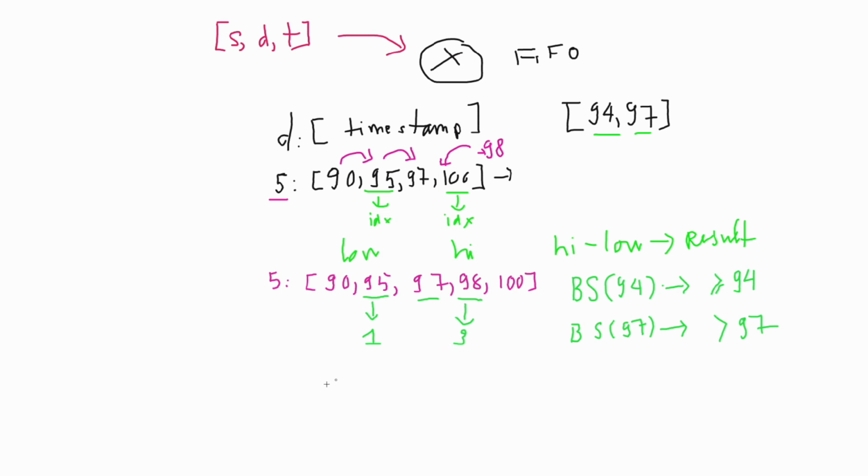So this one is our high, and this one is our lower bound, and we subtract the low from the high: 3 minus 1 is equal to 2. So we can find this section in the array.